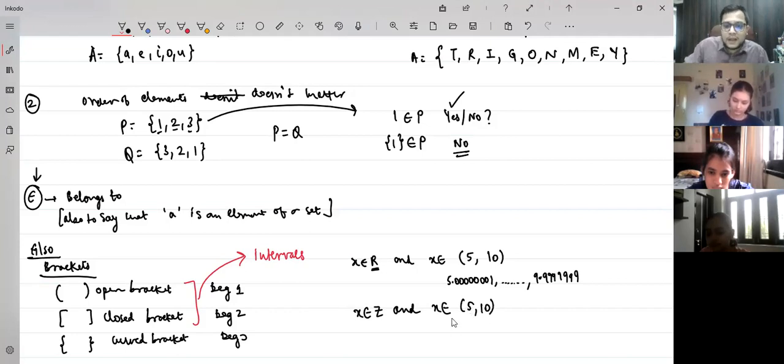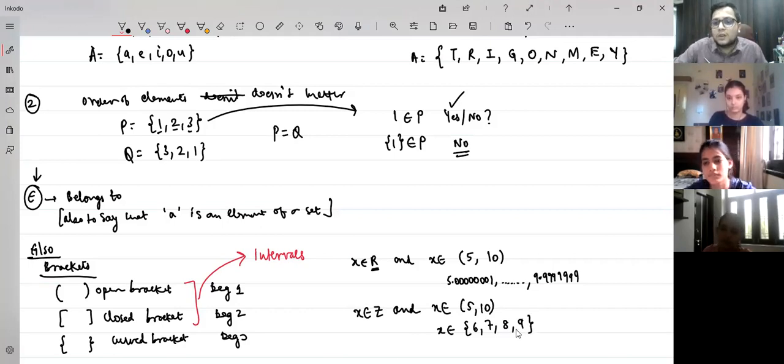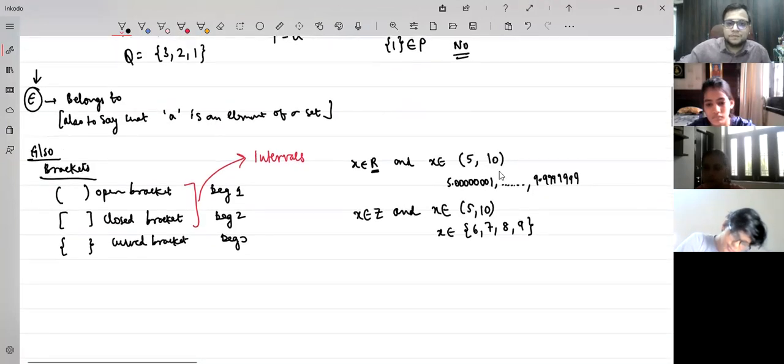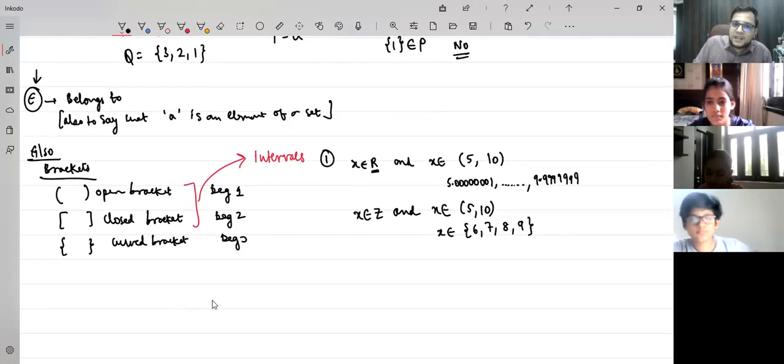What all numbers will I have? 6, 7, 8 and 9. Yes, sir. समझ में आती है क्या बात सबको? Everyone? Okay, so this is first type of bracket that we understood.